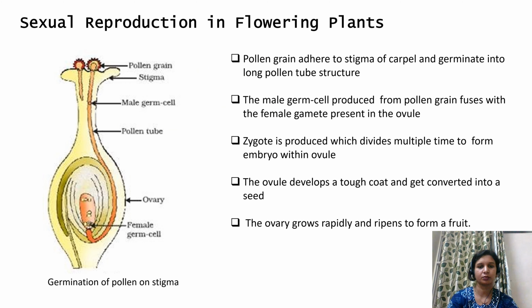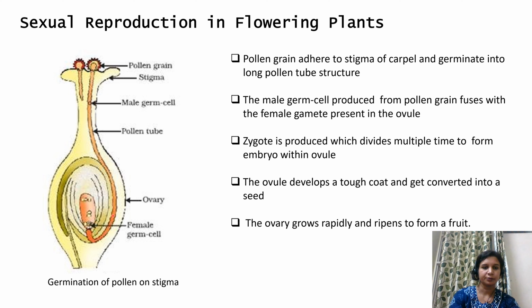So coming to fertilization in plants, this is a representative image of the pistil in the plant. As we have discussed, the pistil consists of the ovary, style and stigma. The ovary contains the ovule, which is the female reproductive part inside the ovary, the style is cylindrical in shape, and the stigma is sticky and feathery in nature to receive pollen grains. The pollen grain comes from the stamen, particularly from the anther. This pollen grain germinates on the surface of the stigma and forms a pollen tube.